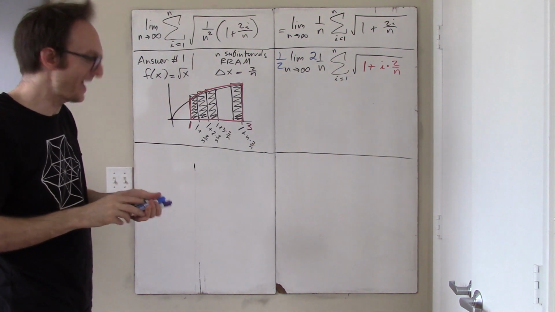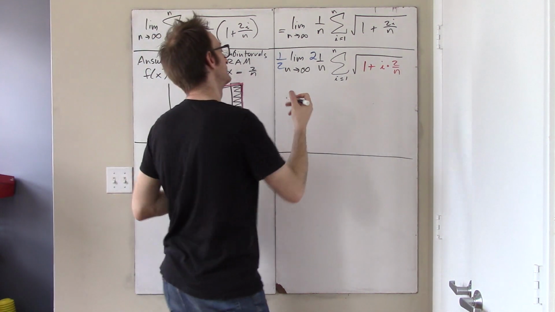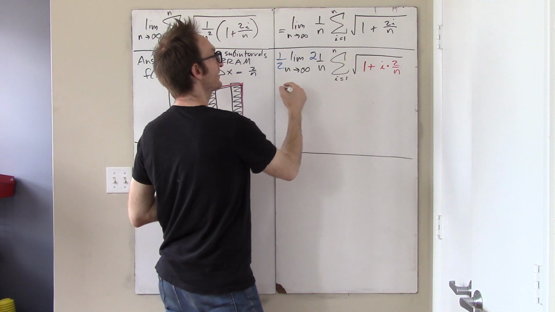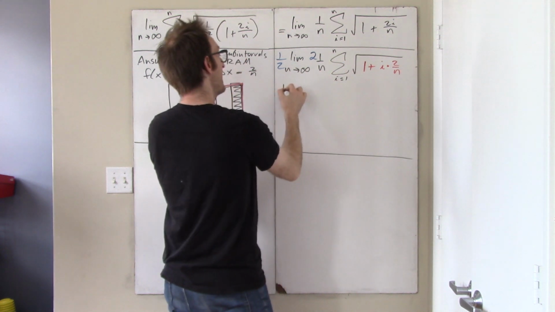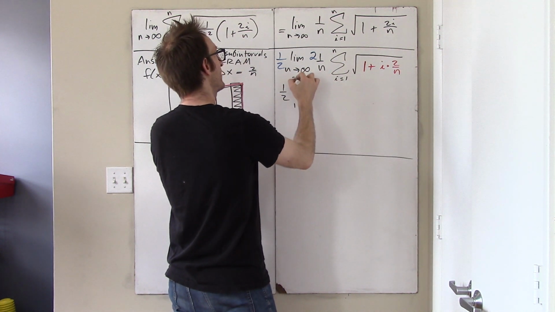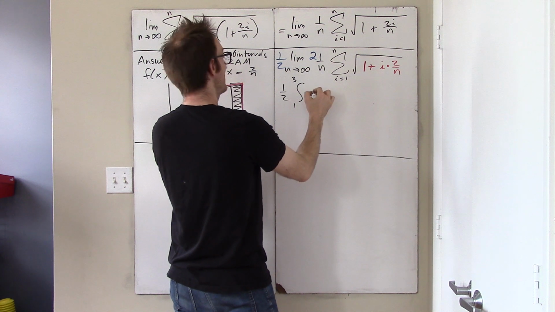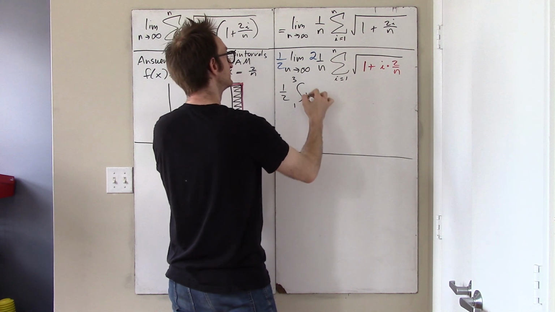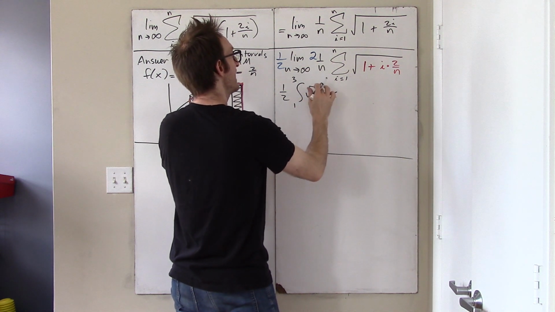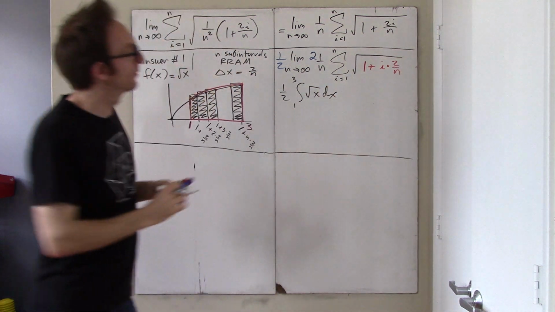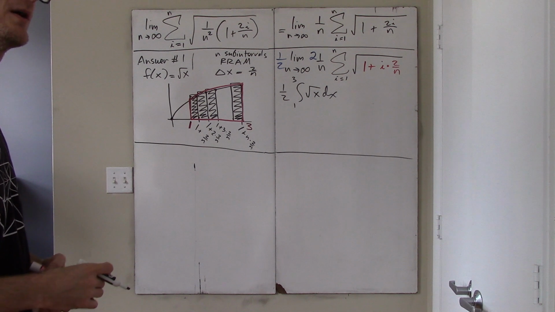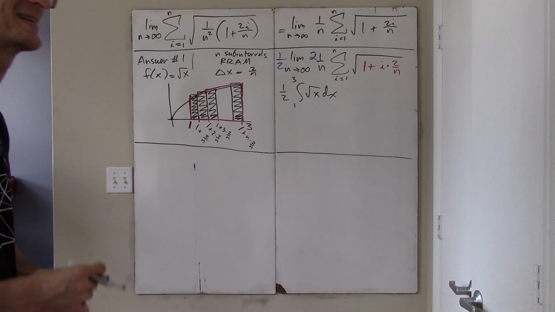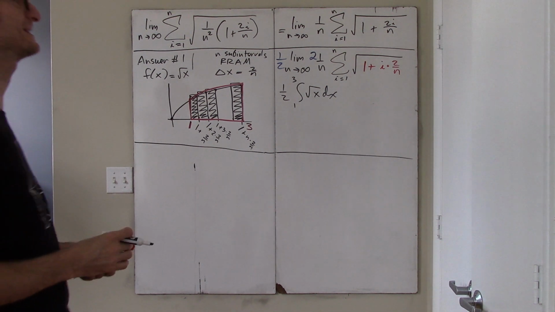And if I do that, now I have that this is an integral, and specifically it's the integral from 1 to 3 of root x. Okay, and now when we just find the limit, we just finish this limit by computing this integral.